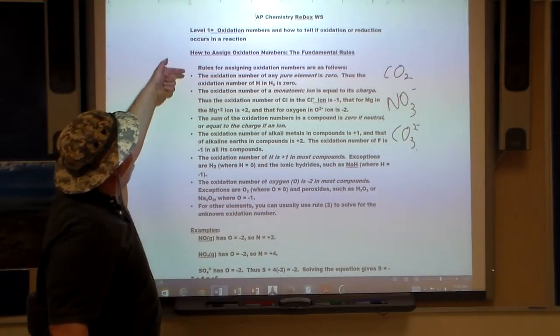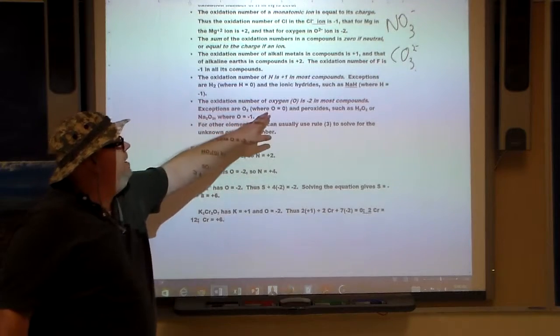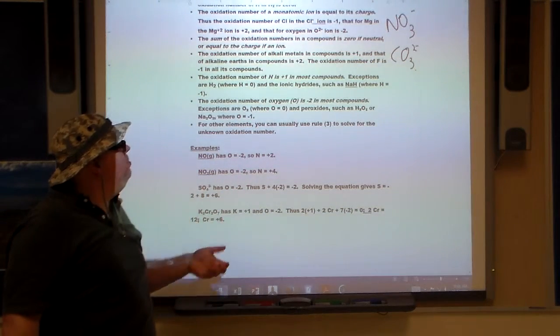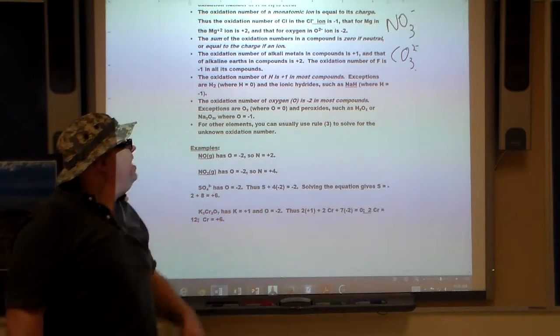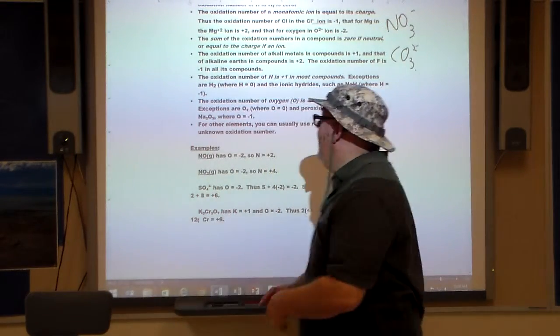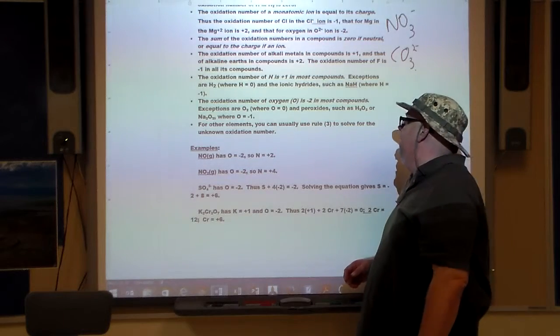Remember when we go back up here in this first rule, so that's going to be a 0. Now if you have peroxides, like H2O2 or Na2O2, the oxygen has a -1 charge. Now, really, that's the exception rather than the rule. Okay? It's a tricky one, and I wouldn't be emphasizing a whole lot on that.